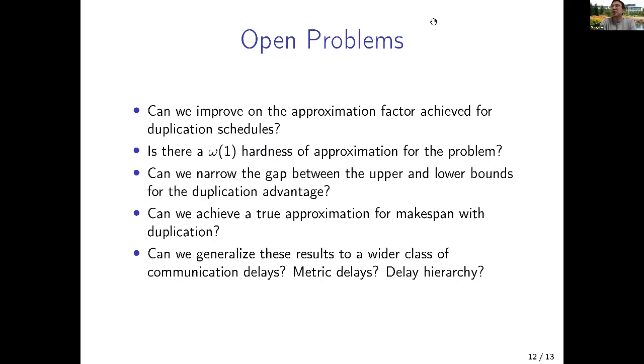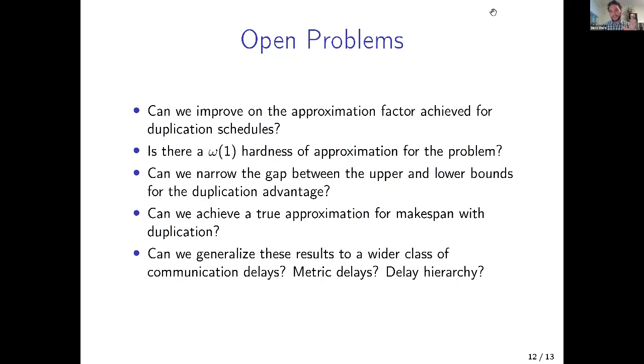There's one question. Can you repeat the hard case again? The hard case is if you're allowing duplication and all the jobs can be scheduled in less than one communication phase.